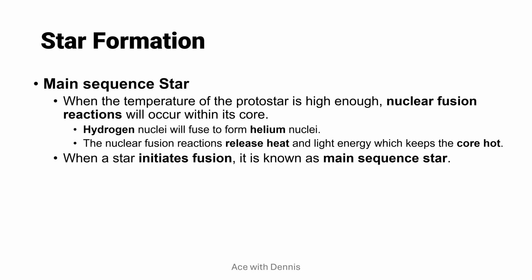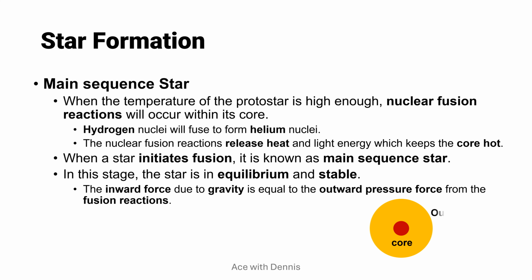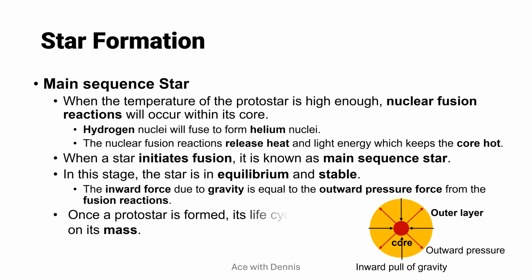When a star initiates fusion, it is known as main sequence star. In this stage, the star is in equilibrium and stable, which means that the inward force due to gravity is equal to the outward pressure force from the fusion reactions. Once a protostar is formed, its life cycle depends on its mass.